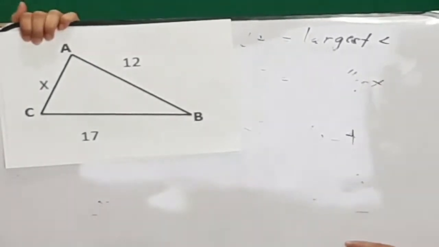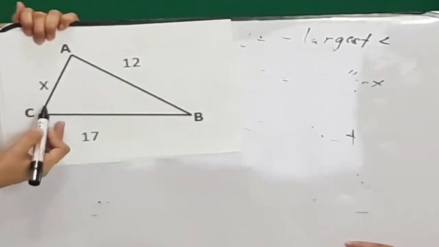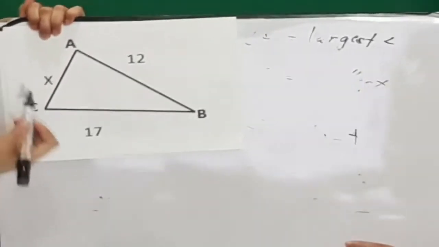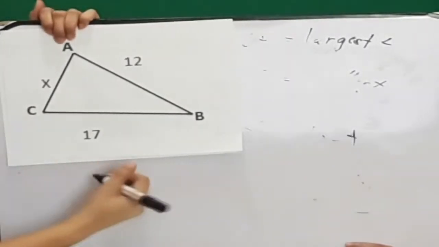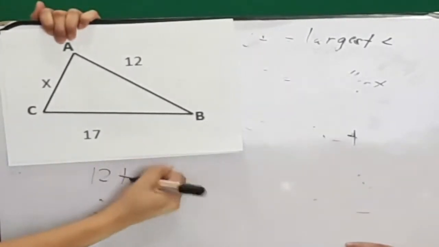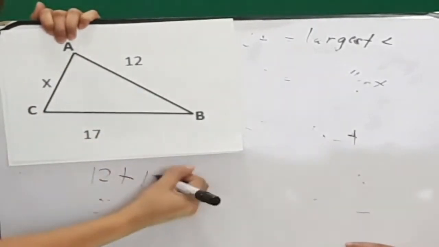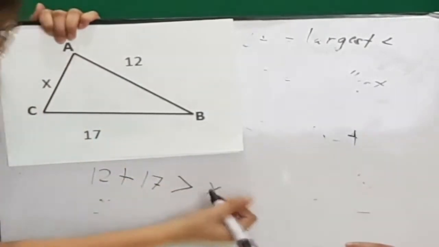The first option is, what if AC, or x, is the longest side? Then we can have this inequality: 12, this side AB, plus 17, this side BC, is greater than the remaining side, which is x.